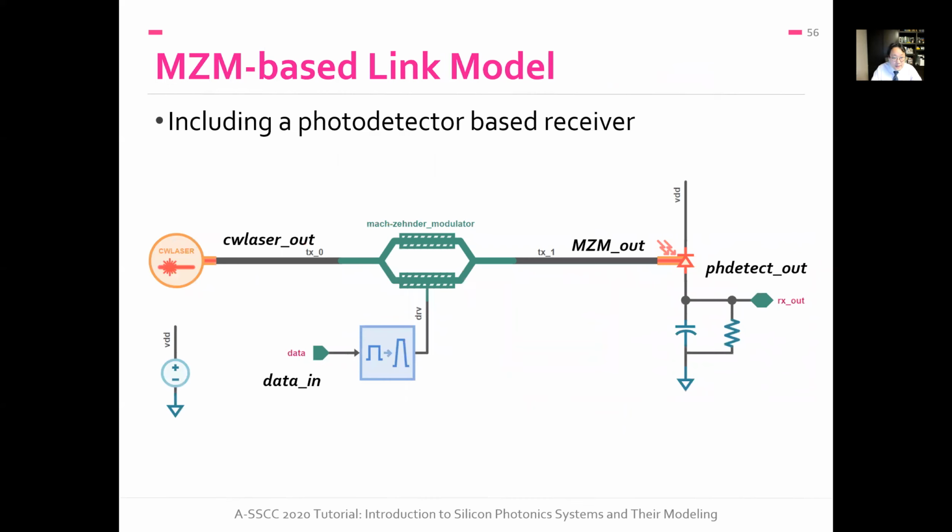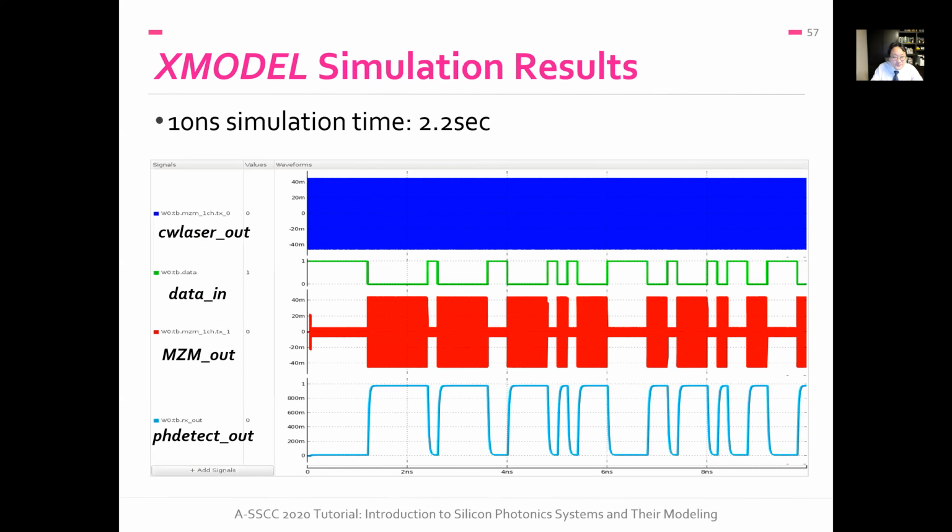If you want to build a transceiver pair, on the transmitter side, you have a laser source, which is being modulated by this Mach-Zehnder modulator based on the digital data. On the receive side, you have a photodetector converting the optical signal to the current and the voltage. This is a simulated waveform.